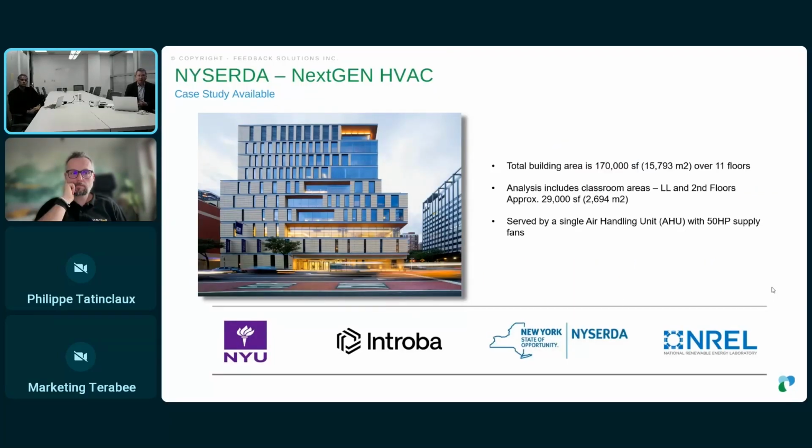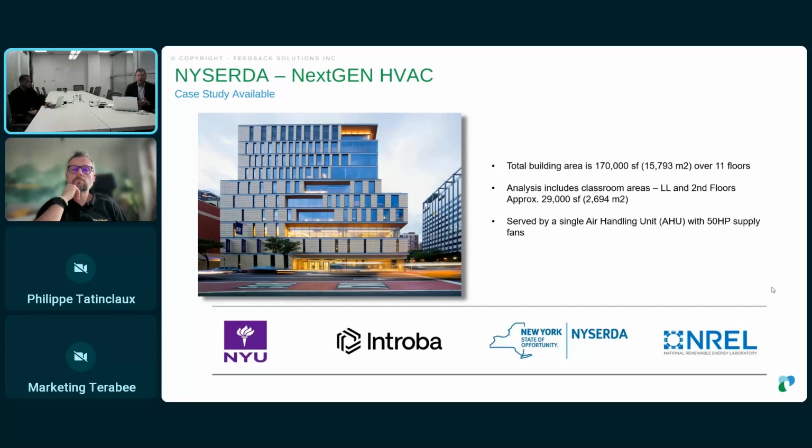So this is the School of Dentistry, at New York University, NYU, their Washington Square campus in New York City. The test here was essentially the state of New York, in conjunction with the Department of Energy, saying, okay, Feedback Solutions, with this software solution you have, occupant-based demand control ventilation, compare this to a legacy system, which was, in this case, a CO2-based demand control ventilation platform.